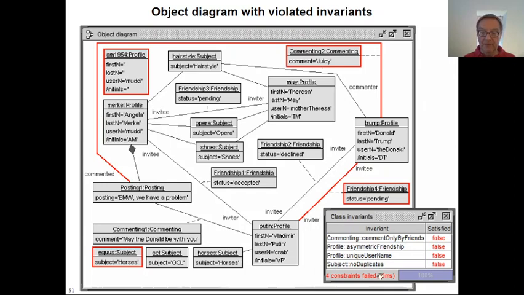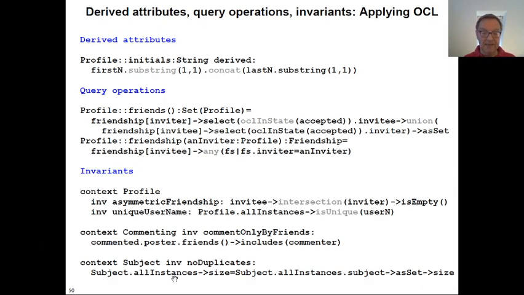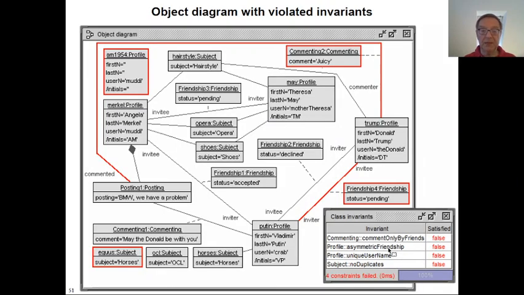Last invariant that fails, subject no duplicates. We have realized this invariant here with the counting on the left hand side, where we were counting the subjects, and on the right hand side we were counting the set of the strings associated with the subject objects. And here we have, as previously, how many subject objects do we have?